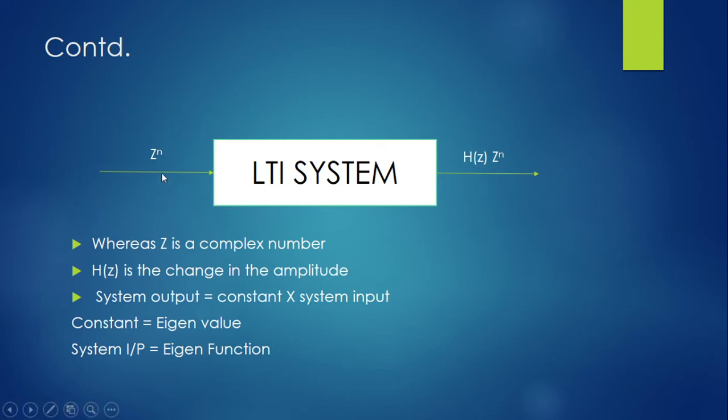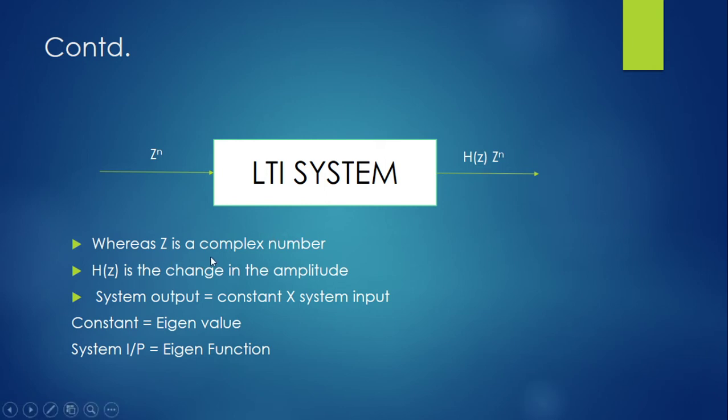That input is known as the eigenfunction. You give some input to a system and you get the same input multiplied by some constant. That input is known as the eigenfunction, and that constant is known as the eigenvalue.